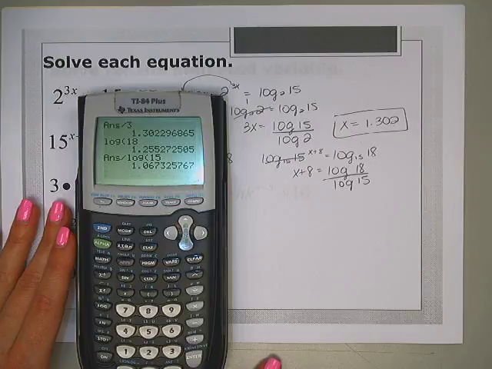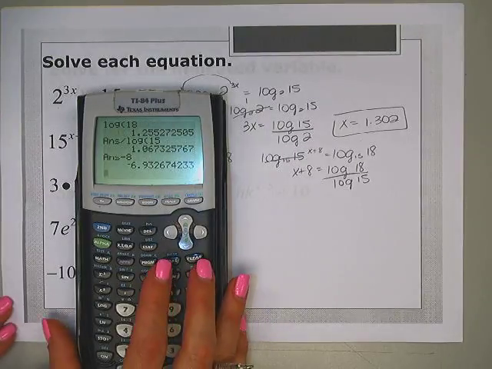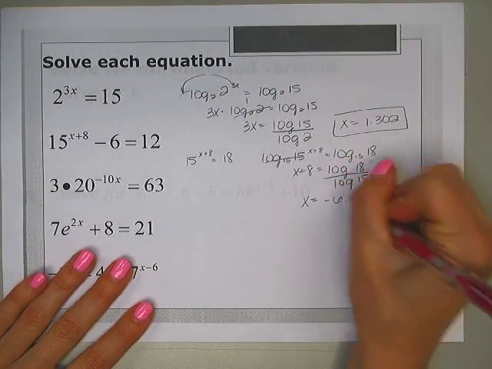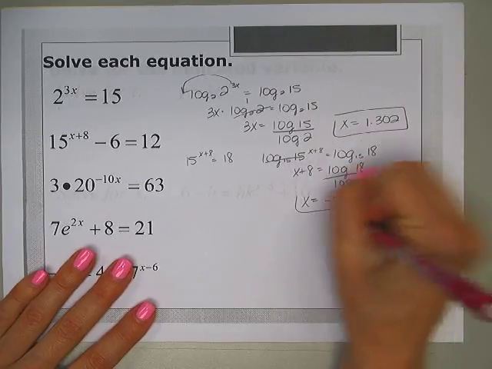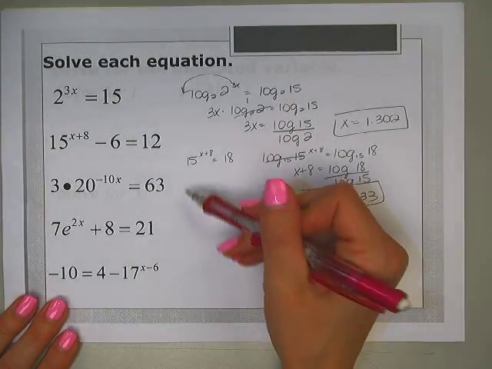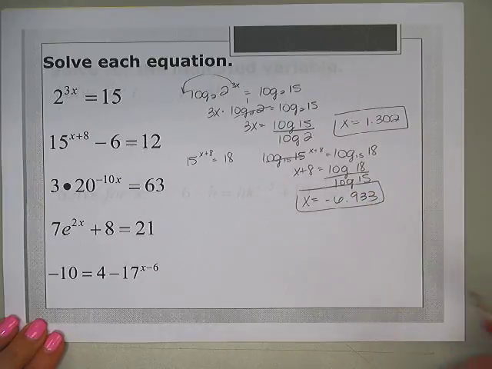Let's use change of base and solve. Let's go to the calculator. Log of 18 divided by log of 15 minus 8. Negative 6.933 is our final answer.